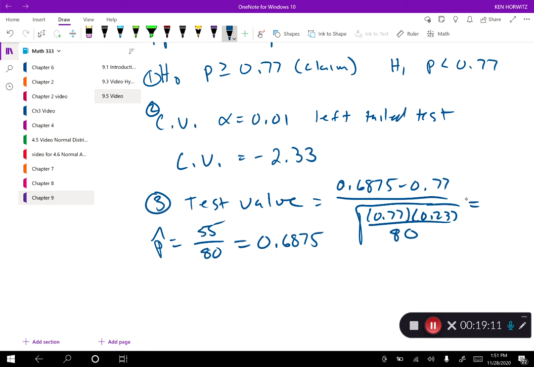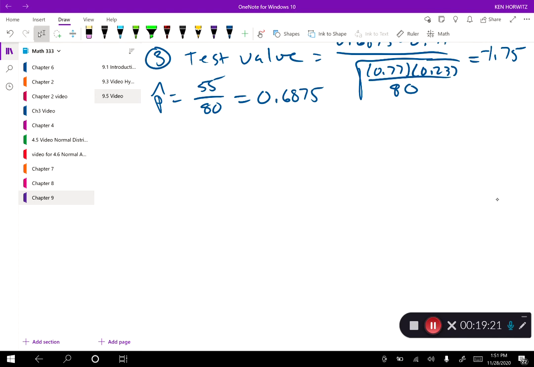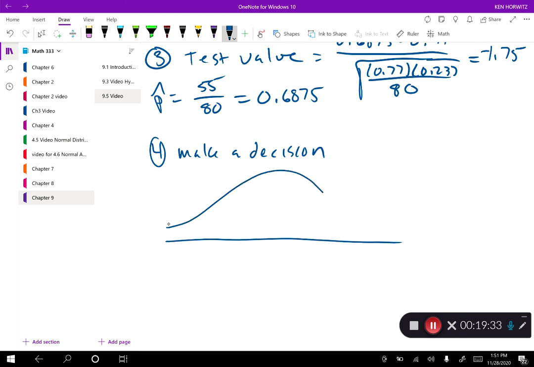All right, so I got negative 1.75. Now we've got to figure out what our decision is, right? So we've got to make a decision. If I'm going to make a decision again, I'm making a picture.